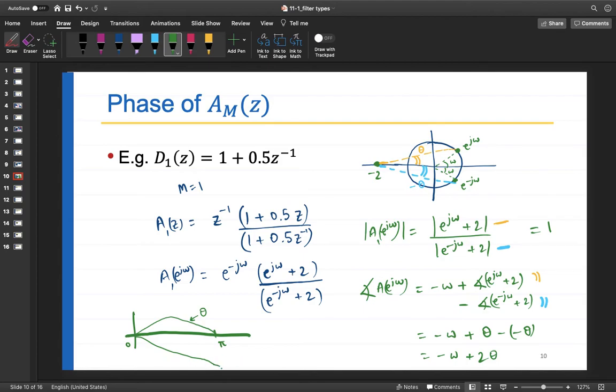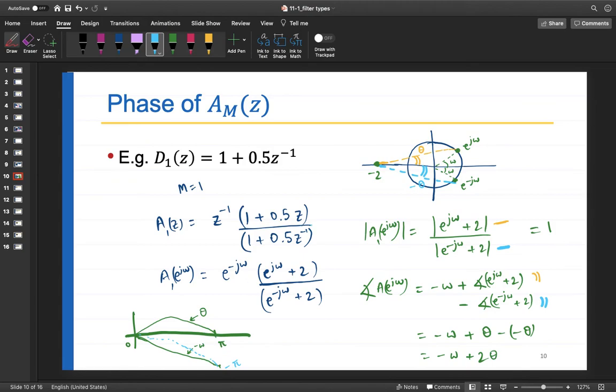I'm sorry, my drawing doesn't look like a line here, but yes, it is a straight line. So this is the minus ω term. So how does the final plot look? The final plot will look something like this, maybe. But essentially what we see is it decreases from 0 to minus π.